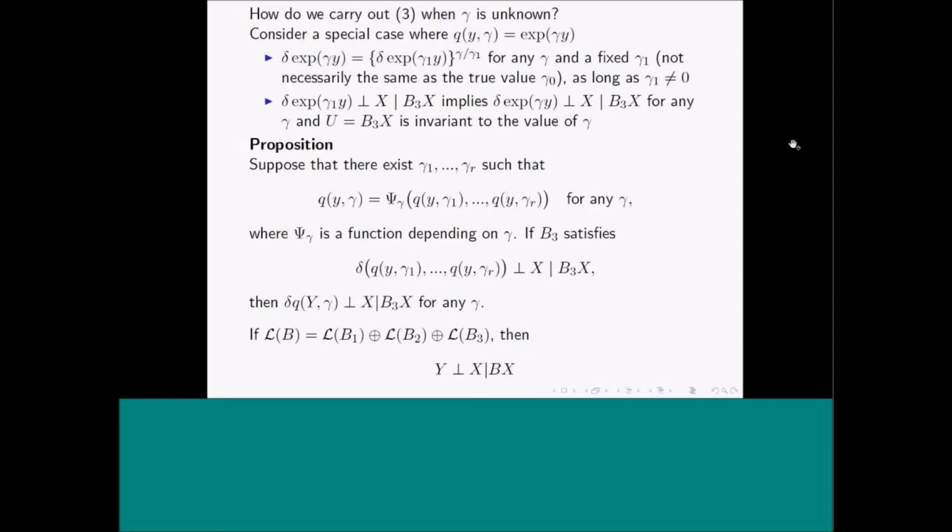If B is the basis of such a linear space, then I indeed find a B which has the property that, given B times x, y and x are independent of each other. So this solves the sufficient dimension reduction issue.